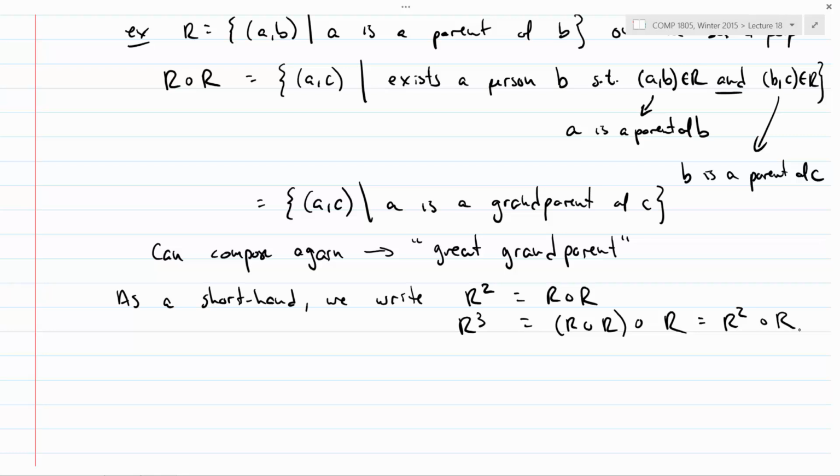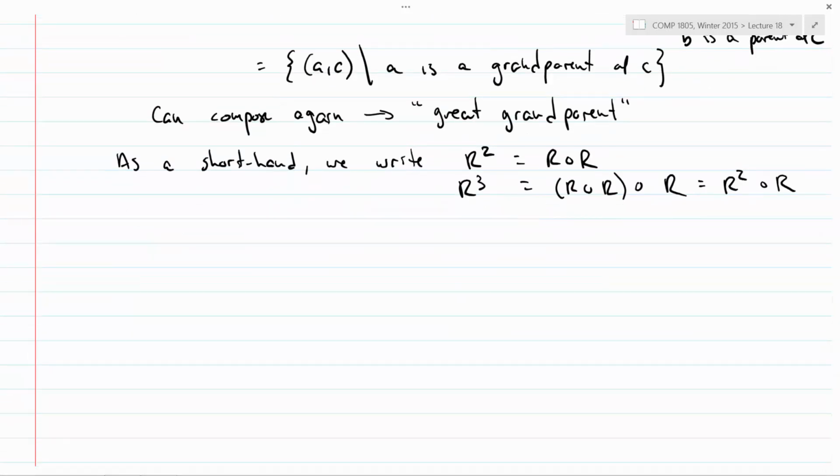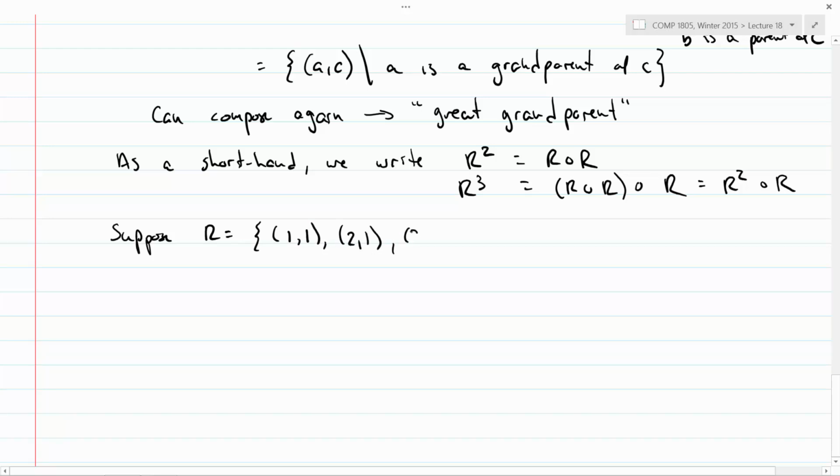So let's see something here. Let's use this and see where we get. Suppose that R is the relation (1, 1), (2, 1), (3, 2), (4, 3) over the set 1, 2, 3, 4.